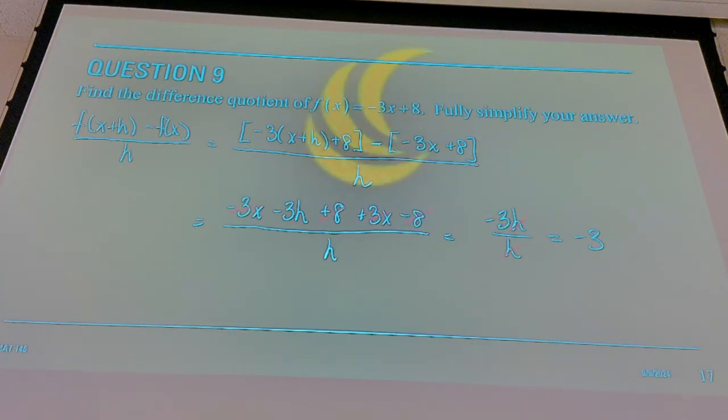Calculus is easy. Algebra's hard. 90% of your work in calculus is algebra. The other 10% is calc. And that's being generous. It's actually less than 10% is calculus. The rest of it's typically algebra. I've had 9-page solutions.